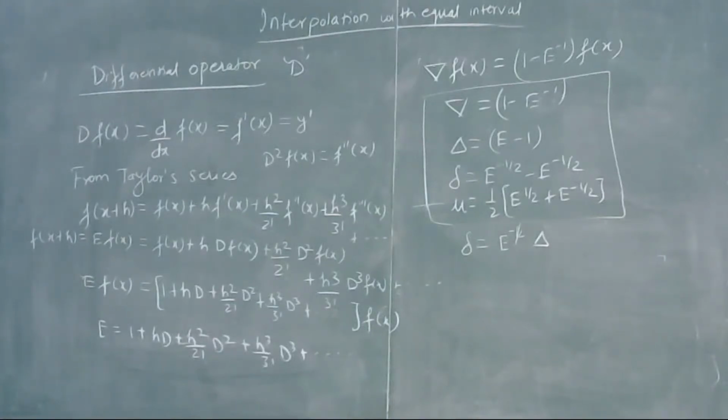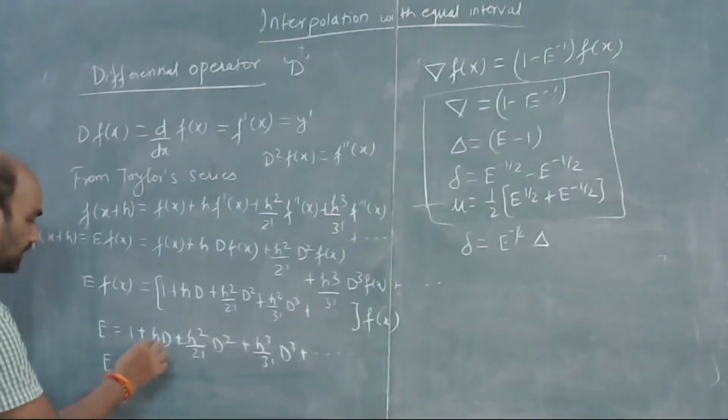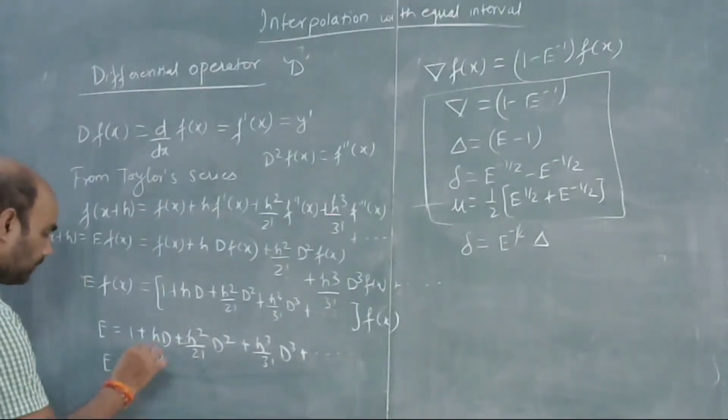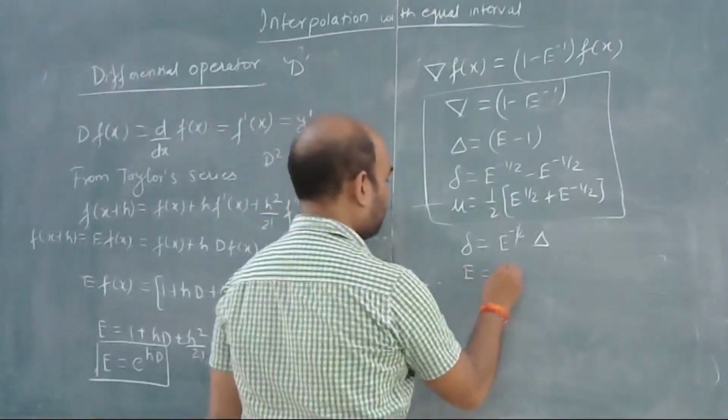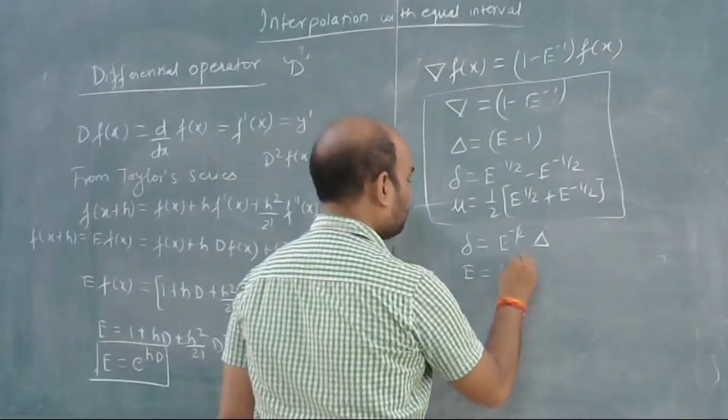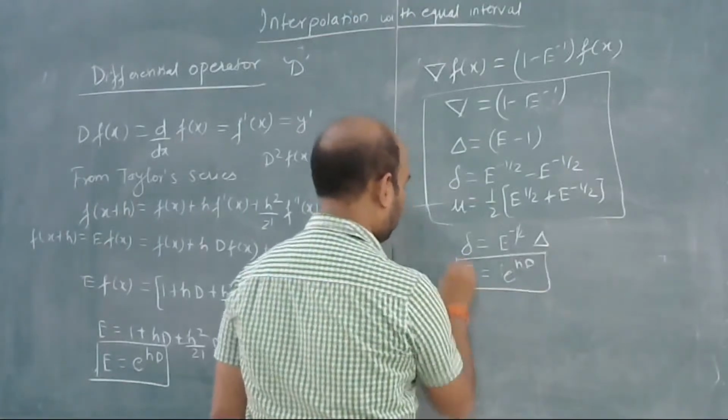This series resembles the exponential series. So E will be equal to e to the power hD, where D is the differential operator.